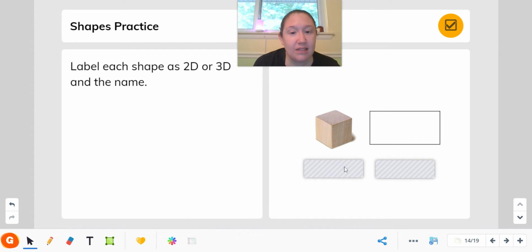And we have here, what kind of shape? Let's count the sides. 1, 2, 3, 4. Okay, what do we know about shapes with 4 sides? There's a couple different shapes it could be. If we look, the sides are not all the same, but they are parallel. So it is a 2D rectangle.